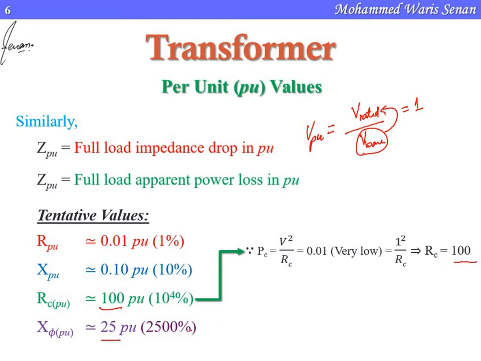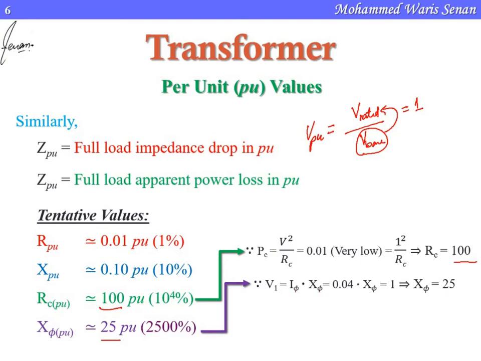In the similar manner, if you find the value of X phi in per unit, it will be like this. We know that applied voltage or induced voltage V1 is equal to I phi, which is the magnetizing component of no load current, into X phi. And obviously the rated value of voltage is 1, and I phi, we know that the no load current is around 4 to 5% of full load rated value.